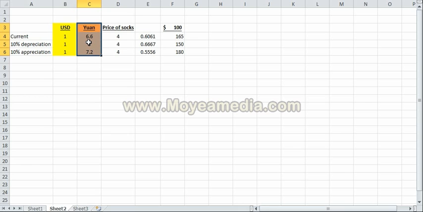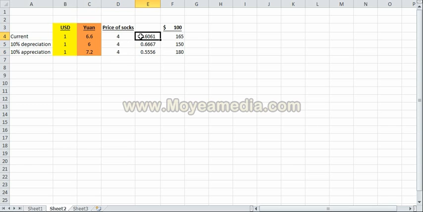Now, let's just say that Walmart buys their socks from a Chinese manufacturer, and the price of a package of socks, a package of six pairs of socks, is 4 yuan in local Chinese currency.